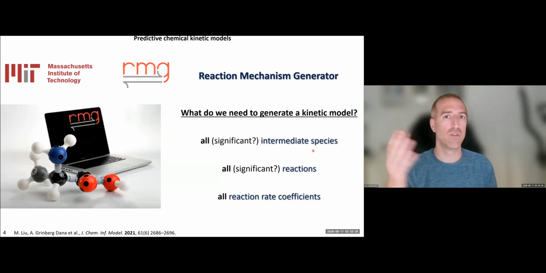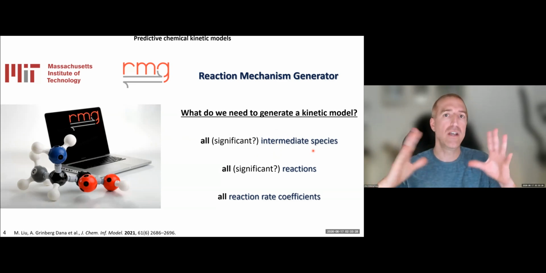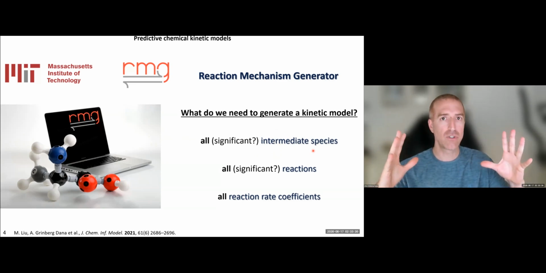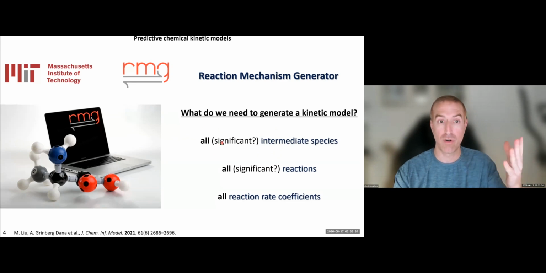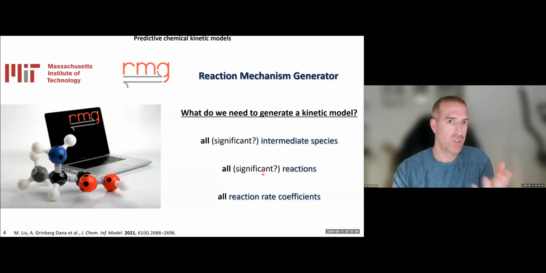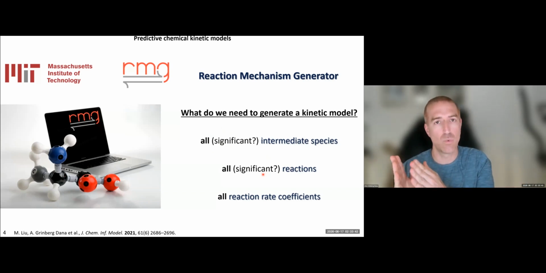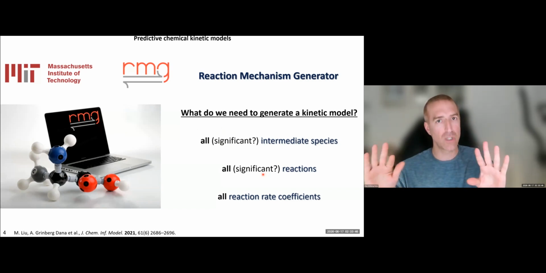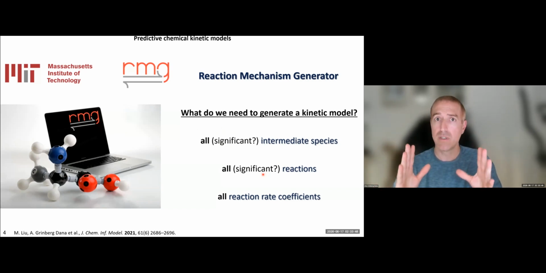We don't need all of the nuances, but we need the major species, and the user can actually control what major and what significant is for their application. And also we need the reactions. And again, we just need the significant ones, the important ones. You can have niche reactions that won't affect your observable. You'll have to come up with a way to differentiate between those, of course, but you need the significant reactions to make predictions onto your system. And that's what RMG is set to do.